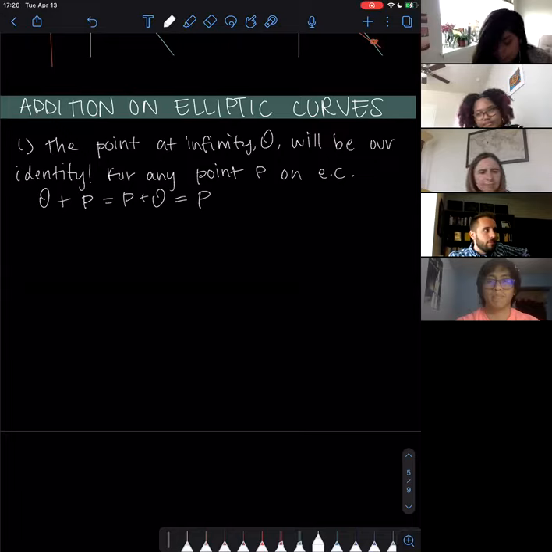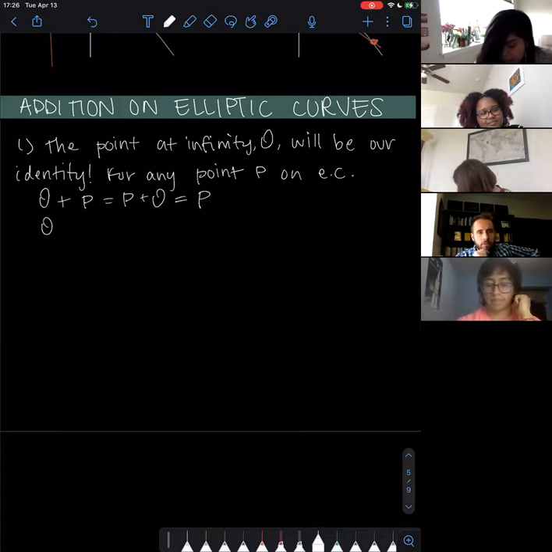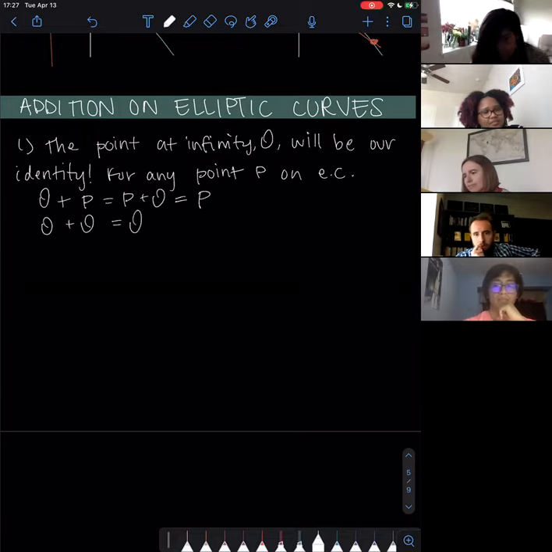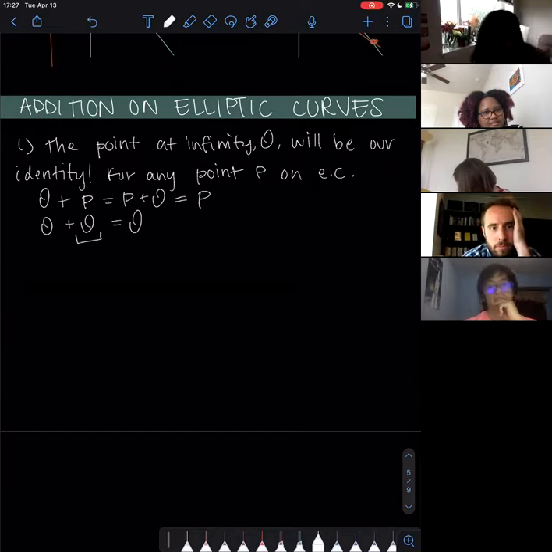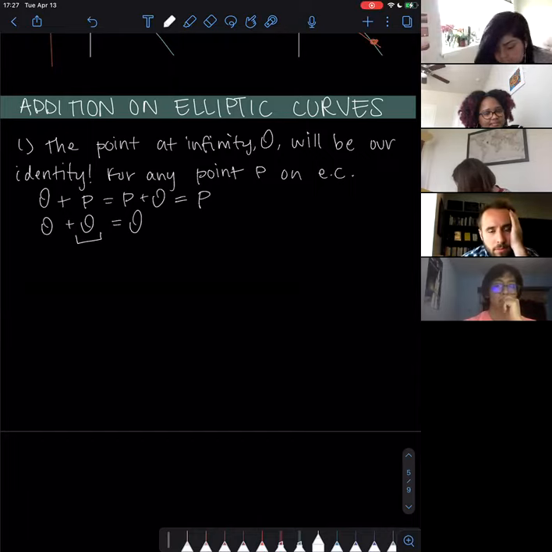So we can deduce one other thing about this. Since the point at infinity is another point on our curve, we can say that the point at infinity plus itself will also be the point at infinity. So the point at infinity is exactly its inverse.